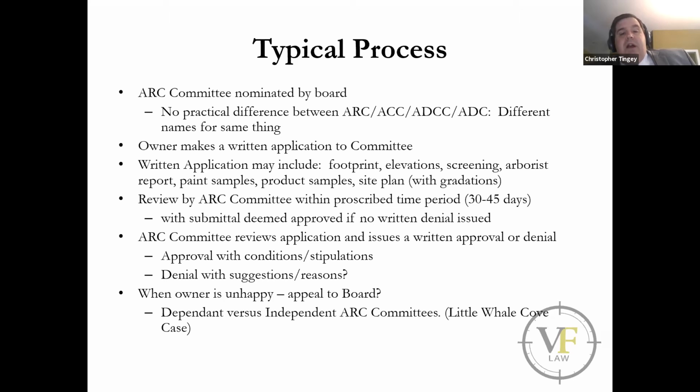So it's your governing documents that are going to drive the architectural review process and how decisions are made, and what has to come before the ARC, how that all plays out. That's not found in the statute. That's going to be found in your governing documents.